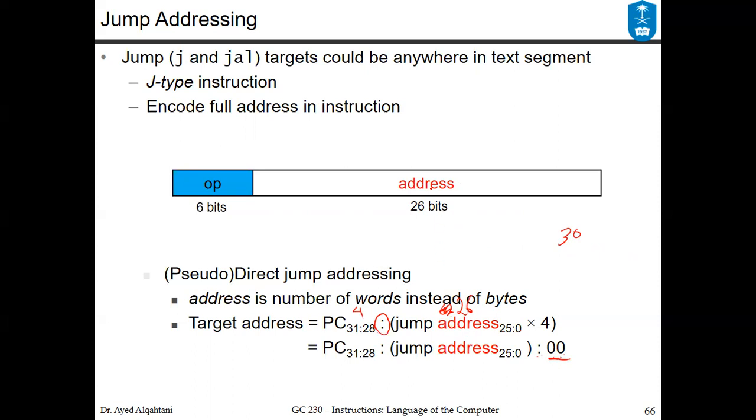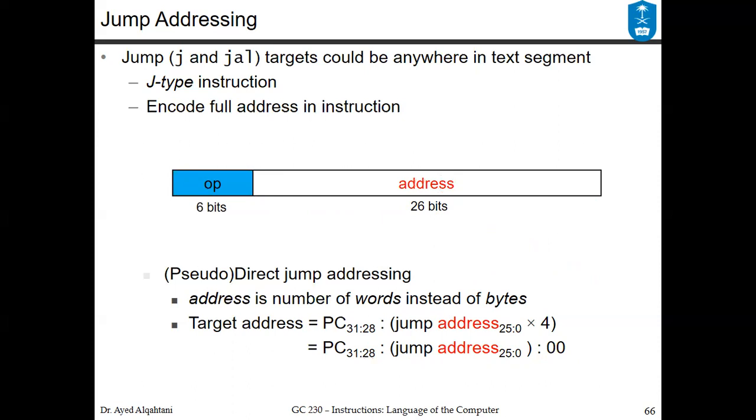So we are shifting the address of the jump to the left 2 times. And this way we have 28 bits: 26 bits from the instruction itself, and 2 more zeros that we add. We concatenate it with the PC from 28 to 31, which is 4 bits, and this gives us a total of 32.